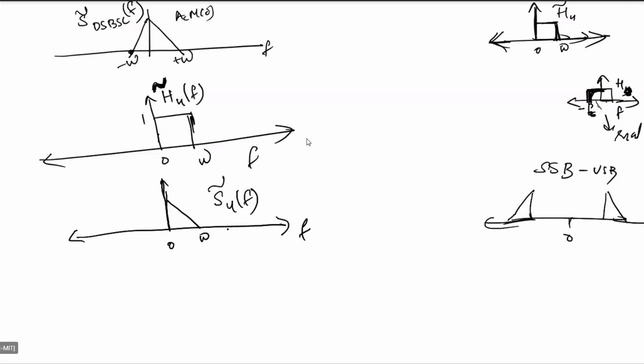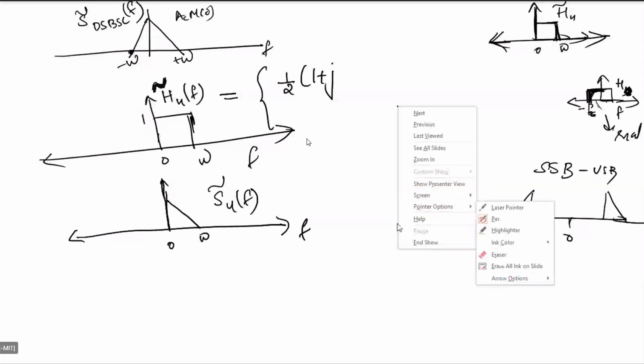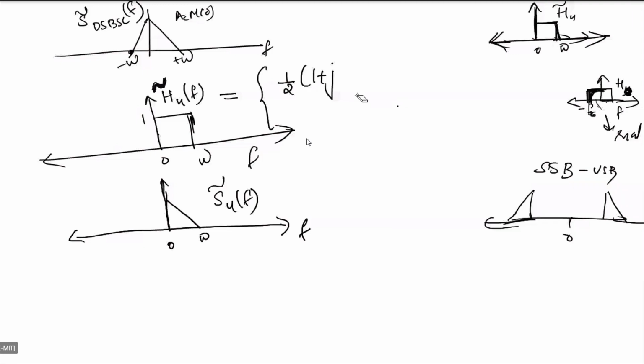So our target is that HU tilde f. If we are trying to write an expression for that, it will be 1 by 2 into 1 plus signum f, and 0 else.